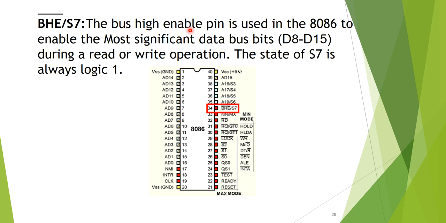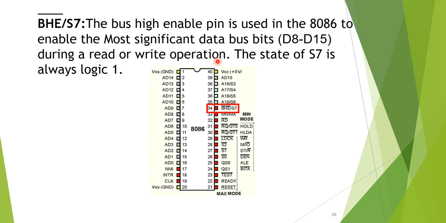Bus high enable is used along with the A0 bit of the address lines to select whether we want to read the 8-bit or the 16-bit data from the memory. So if the bus high enable signal is enabled, then the most significant data, that is D8 to D15, will be read during the read and write operation.